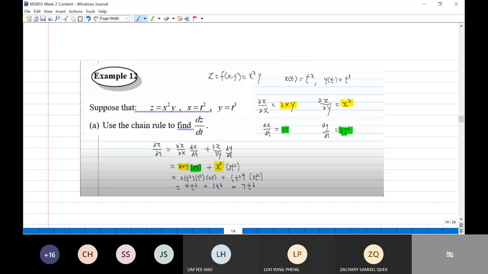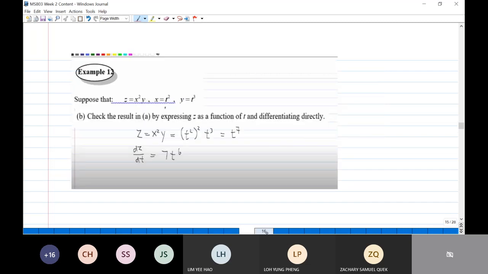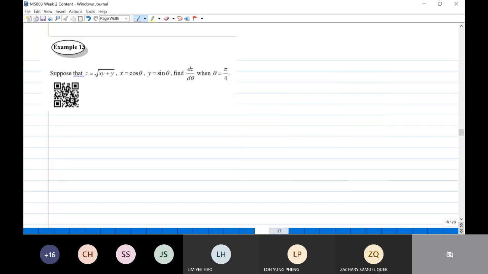Example 13. I'm so afraid that I could make a mess of this calculation, because I know this is going to be a messy calculation. Of course, you can put everything in terms of theta, then find dz/dtheta.